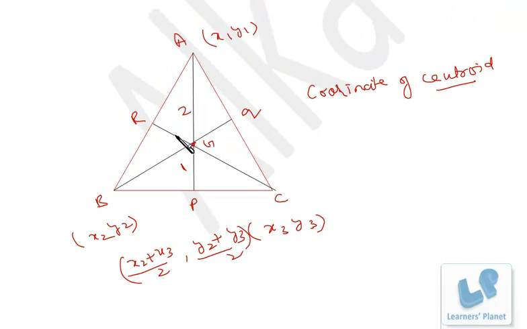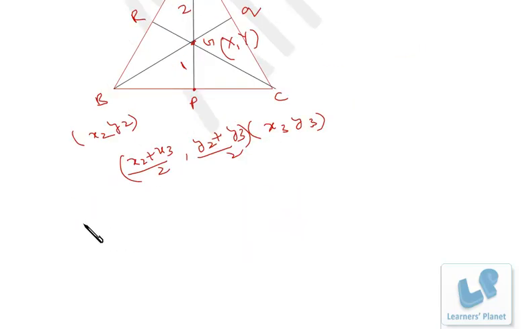Now we have to find out the coordinates of G. We know the coordinates of P, we know the coordinates of A. Now we also know that G divides in the ratio 1:2, right? The line AP is divided by centroid in the ratio 1:2, right? So we can use the section formula to find out the coordinates of G. I assume them to be X and Y, right?